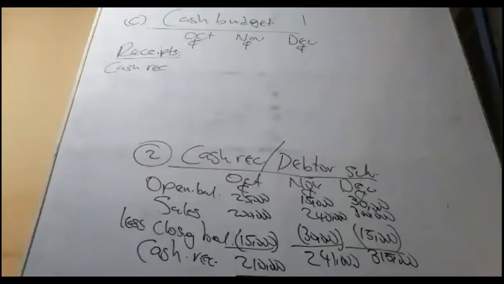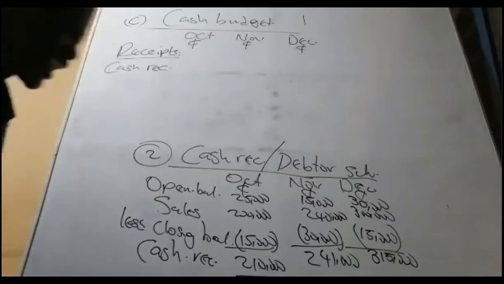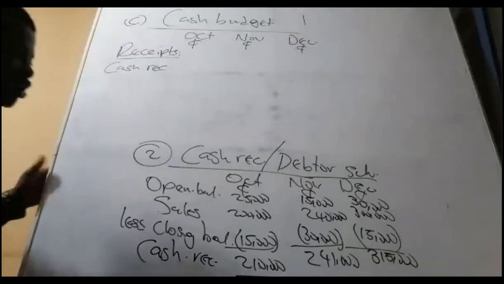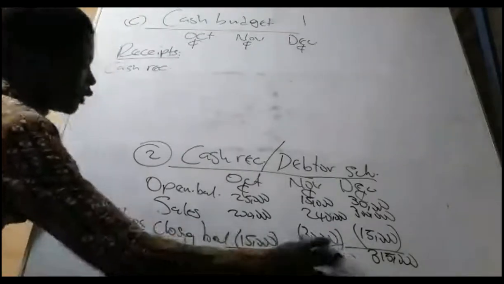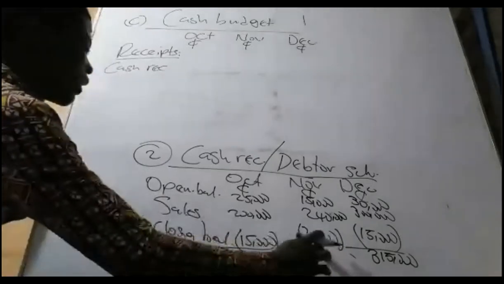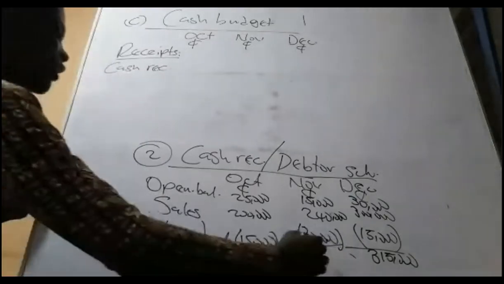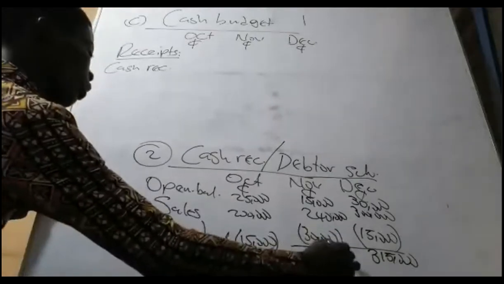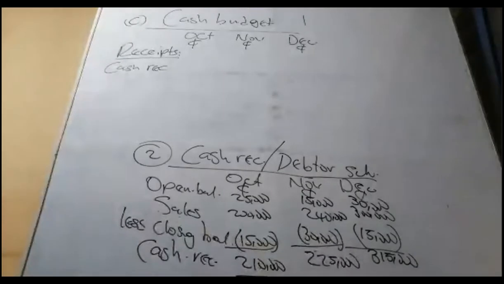Can you confirm the November? So 15,000 plus 240,000 will give us 255,000. Less 30,000, 225,000 to 25,000. Good. So that is it.